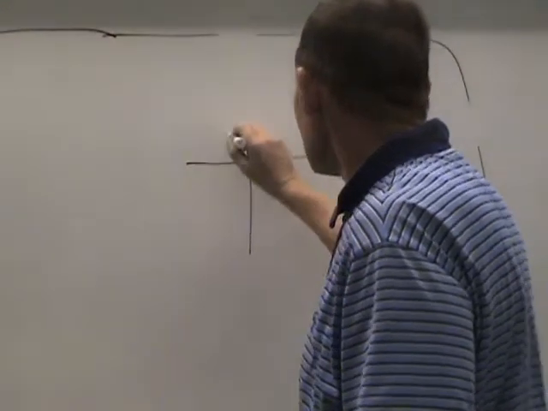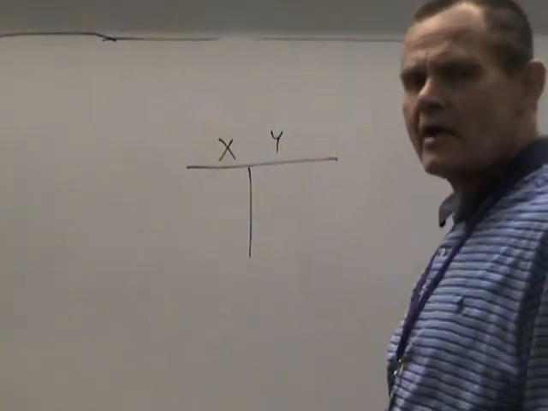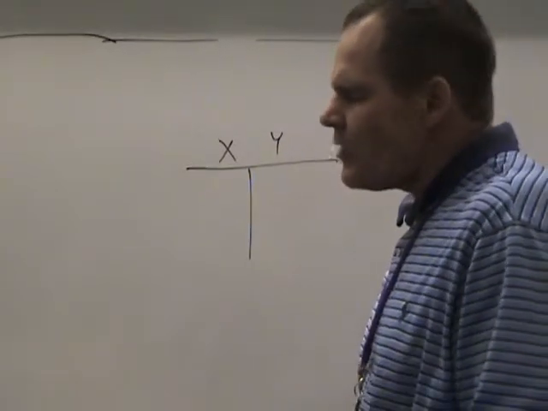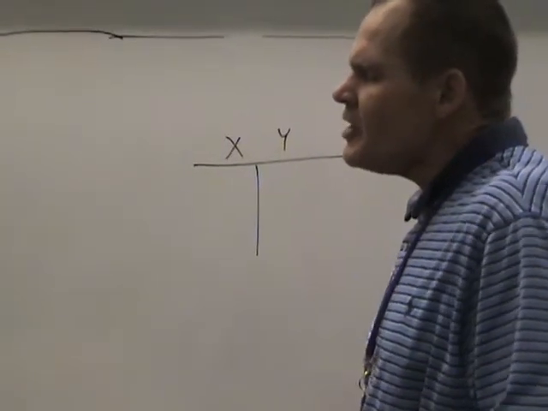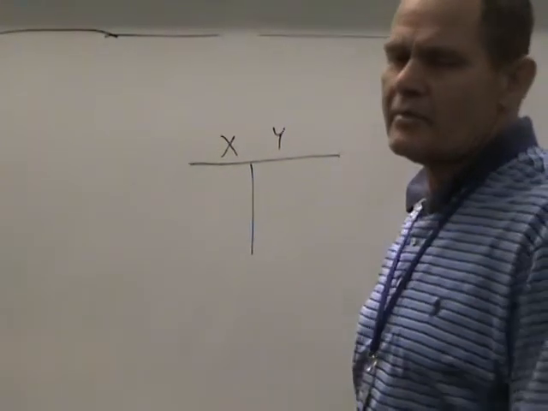Right. So let's go X and Y here. First, to make a table. If you're ever stuck, think about it. Now, for example, what's X and what's Y? Well, let's see.